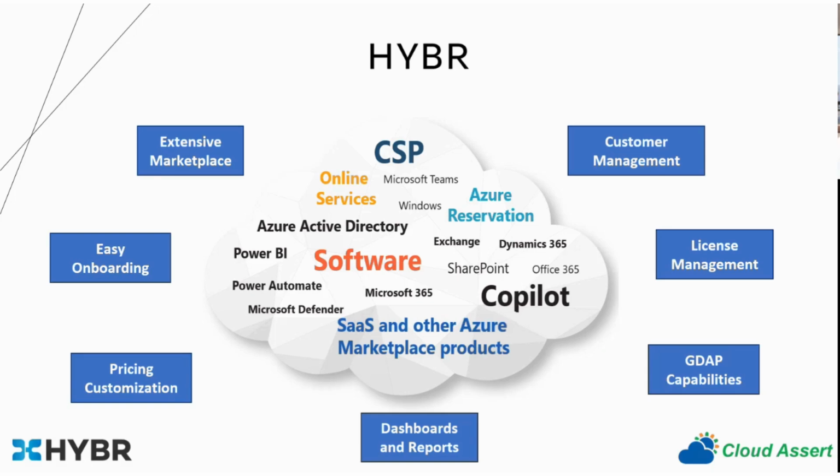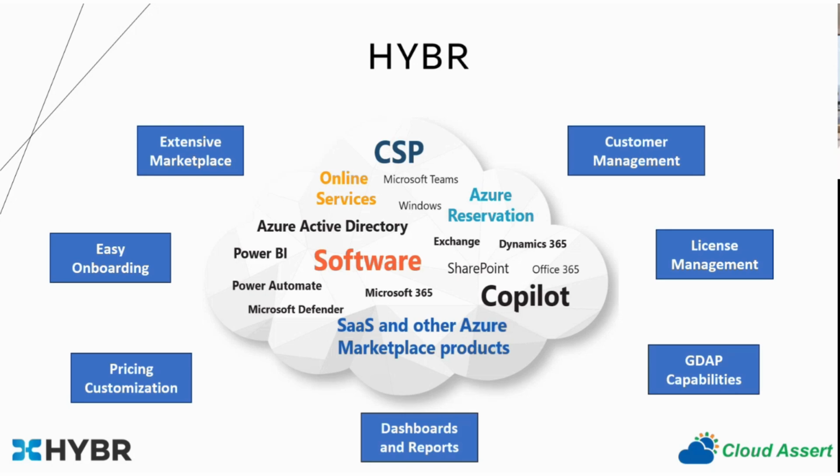Hyber is our flagship CSP platform. If you're a CSP direct partner, you're likely to be selling a variety of products, including online services on NCE, SaaS, and other marketplace products, Azure Reservation, Copilot, and a plethora of stuff. Hyber as a software platform allows you to automate many of the aspects of managing your direct CSP business.